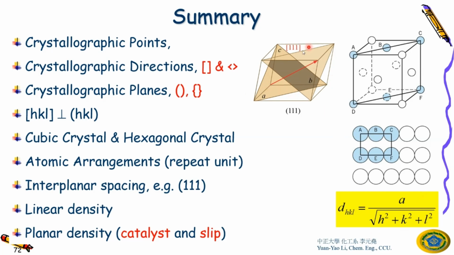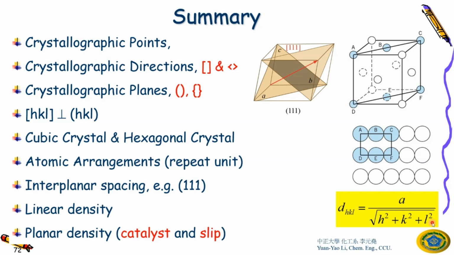That will be d111 equals a, where a is the edge length, divided by the square root of h squared plus k squared plus l squared. hkl represents 111 here. So you need to do the calculation for the interplanar spacing using this equation. Again, I want you to remember this equation so you can do the calculation very, very quickly.